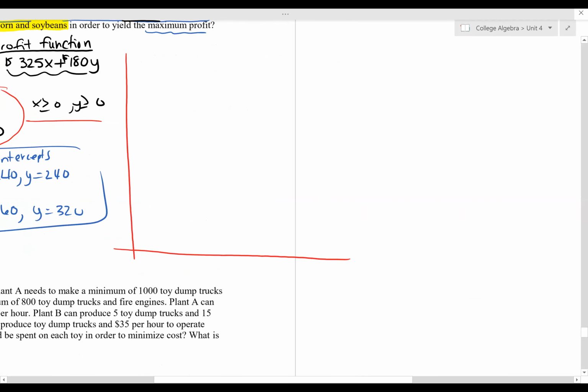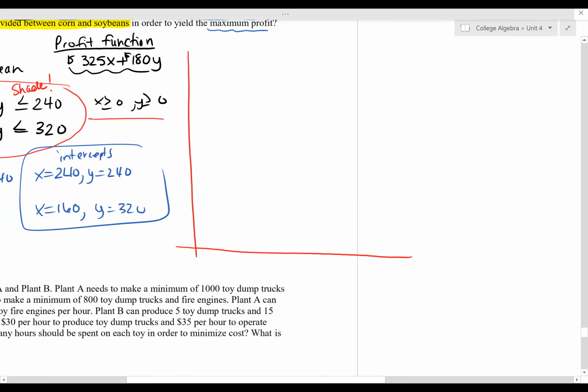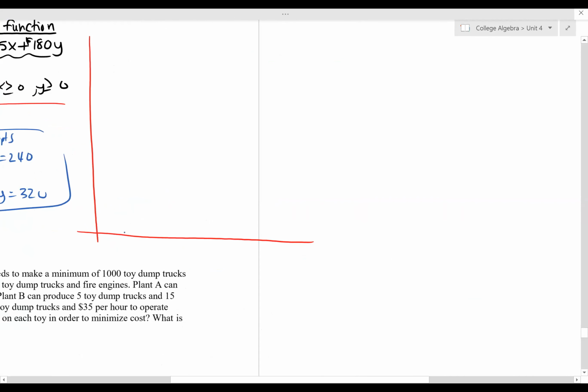So I've got some pretty large numbers, so I did a scale where I went up by 60s on my axis. So when you're doing your quiz, you might want some graphing paper or rulers or something like that to help you out, so you can see how to plot this.